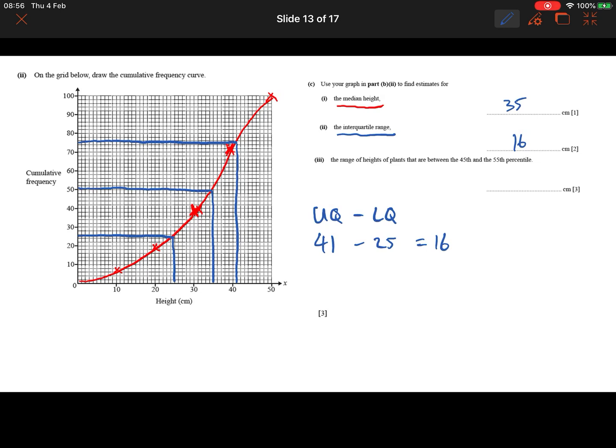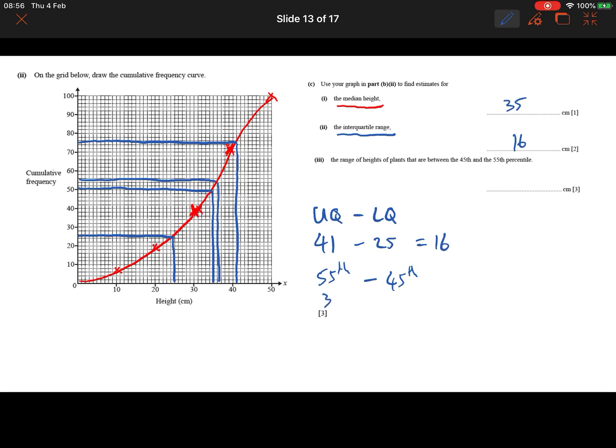Okay, the range of heights of plants that are between the 45th and the 55th percentile. So we need the 55th percentile minus the 45th percentile. Well, what is 55% of 100? Well, it's 55. So again, read off 55%. We're going to read off there. I think that's 36.